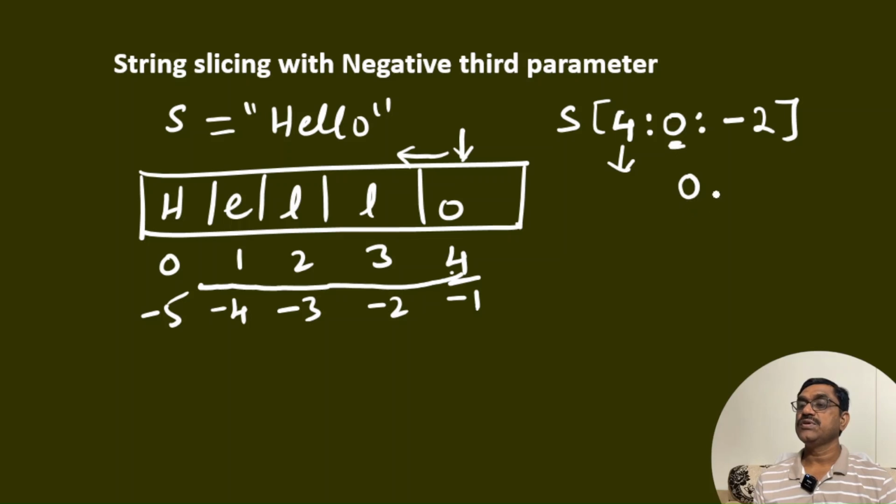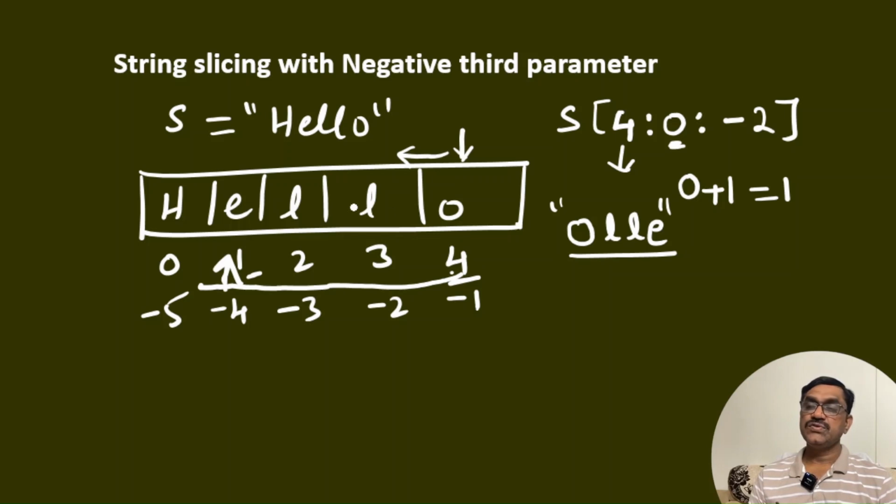So for this 0, you add 1. Don't subtract 1, you add 1. That means we are getting 1. End index 0 means we are going up to 1 only. That means we are going to get the string like this: O, next L, after that E. This is the substring we are going to obtain.